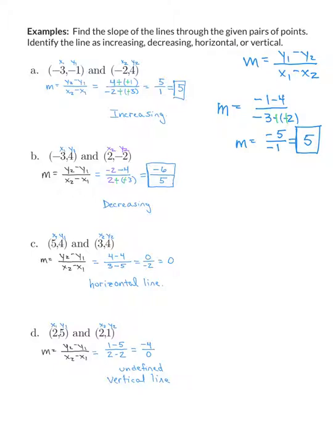But as I said, the main thing that you want to keep in mind when doing this is your y's have to go on top, your x's have to go on bottom, and these subscripts need to be the same. Right there, as well as right over here. Notice that it has to be the same in the numerator. Whatever you're doing in the numerator, you have to do in the denominator. The difference is just which coordinate are you going to be working with. Okay, so hopefully that makes a little bit more sense.